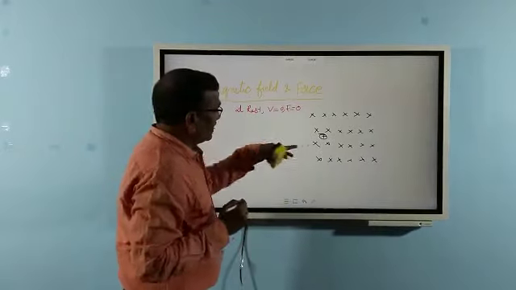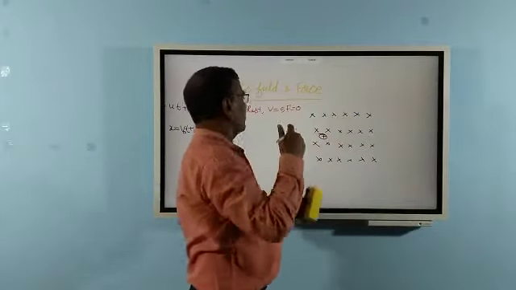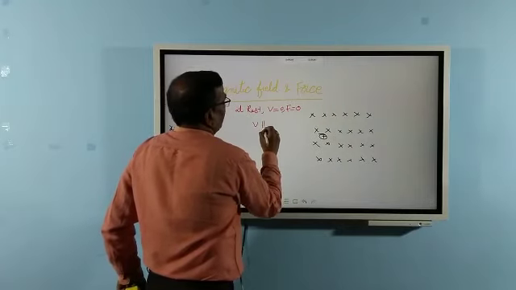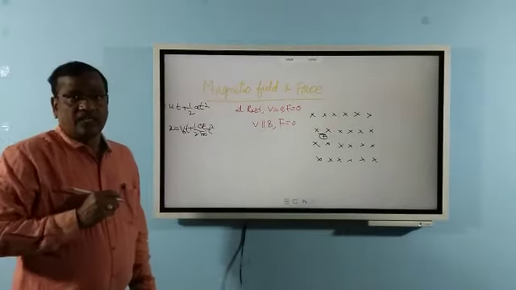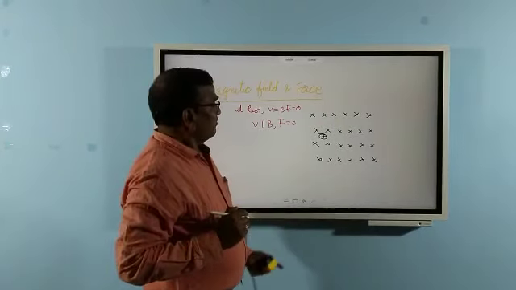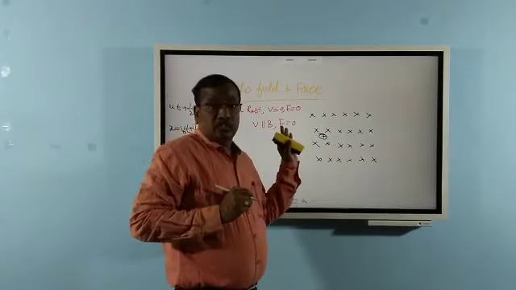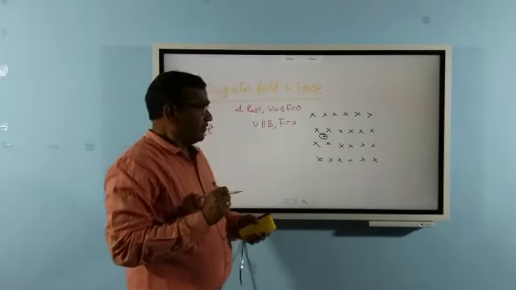Suppose a charged particle is moving parallel to the magnetic field. In that case also it doesn't experience any force. This is experimentally observed: for rest as well as uniform motion along the direction of the magnetic field, it does not experience any force.